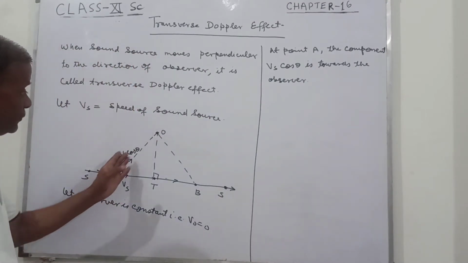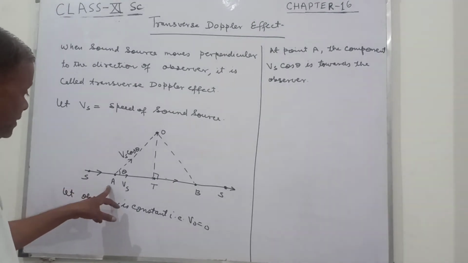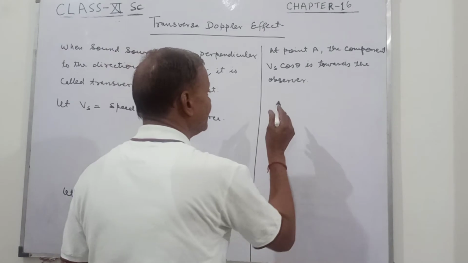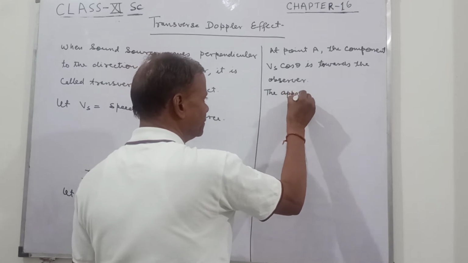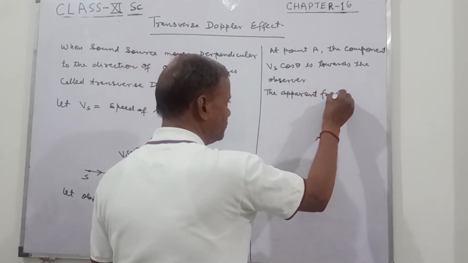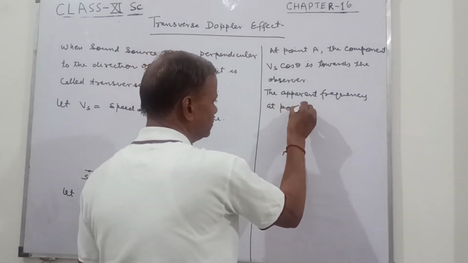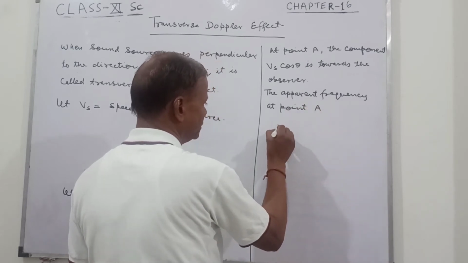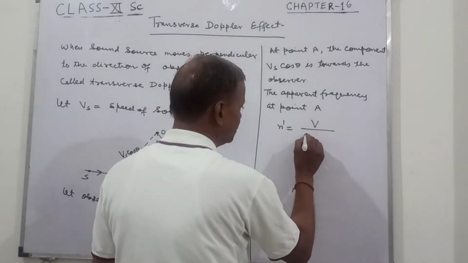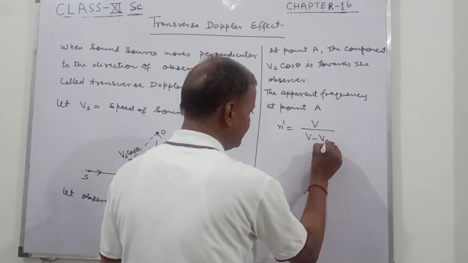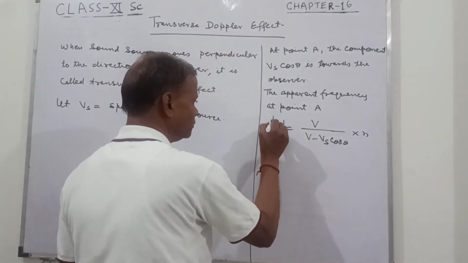It means that the frequency will increase when the sound source goes from A to T. The apparent frequency at point A, n dash equal to V upon V minus Vs cos theta into n.